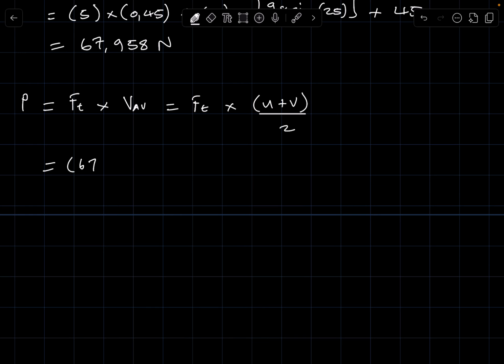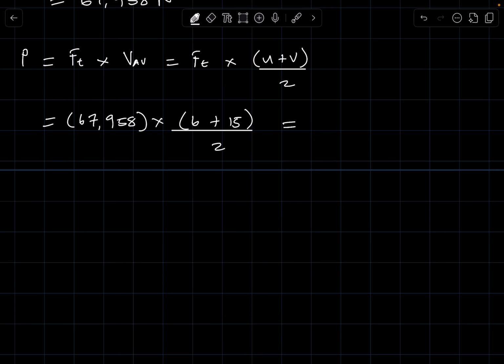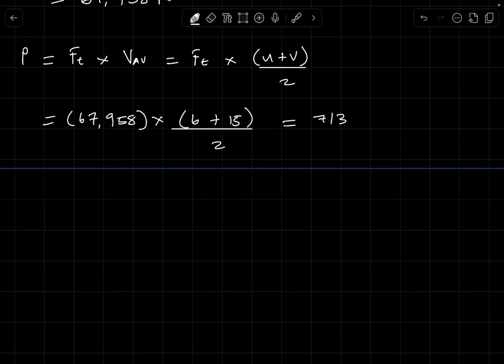Ft is 67.958 times the average velocity, which is initial is 6, final is 15, divided by 2. Now if you punch this in your calculators, this gives us 713.559 watts. Remember, power is in watts.